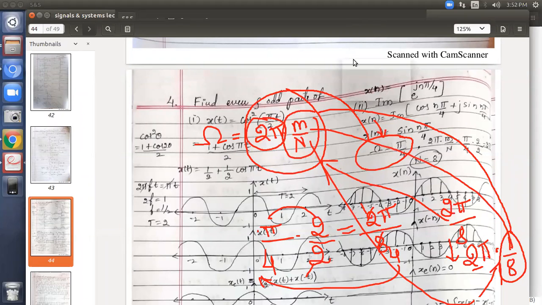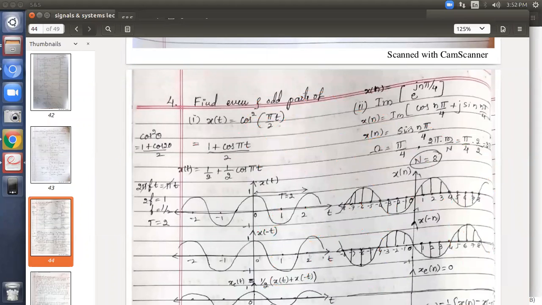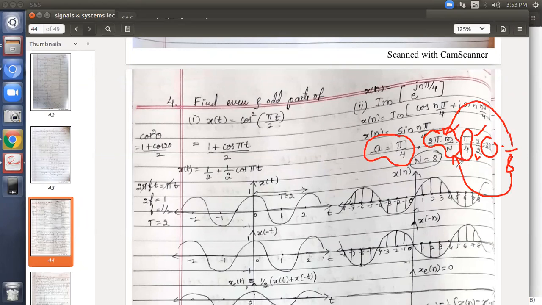The same I have written here. You can see omega is equal to pi by 4. To represent it in 2 pi into m by n form, I multiplied and divided by 2, and then I got 2 pi into 1 by 8. The numerator represents m, the denominator represents capital N. Hence N is equal to 8.